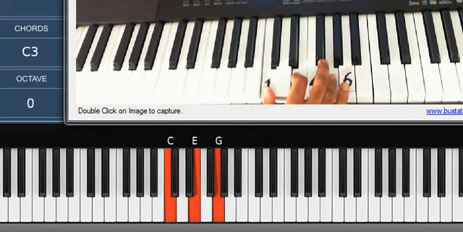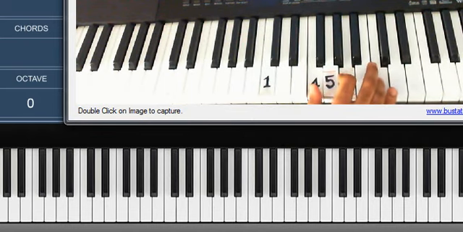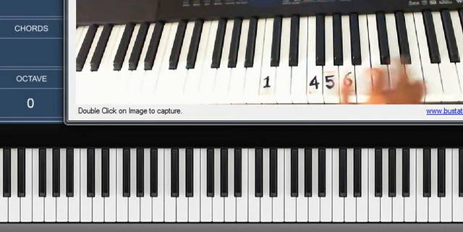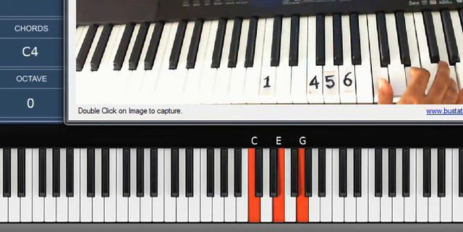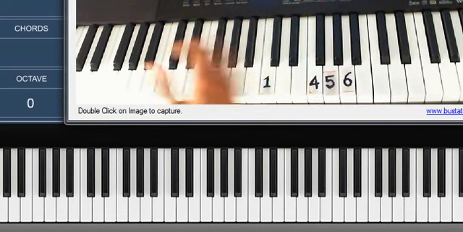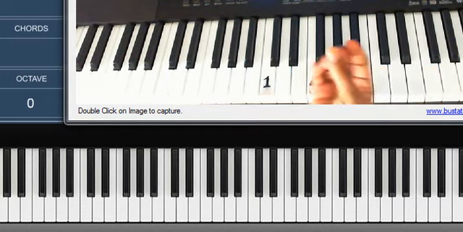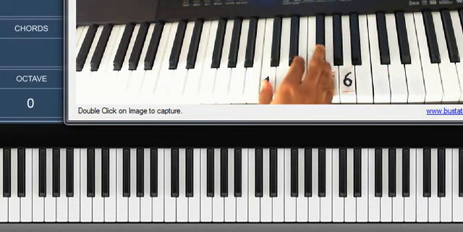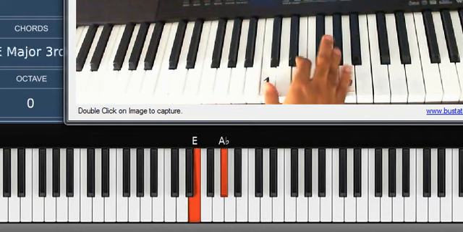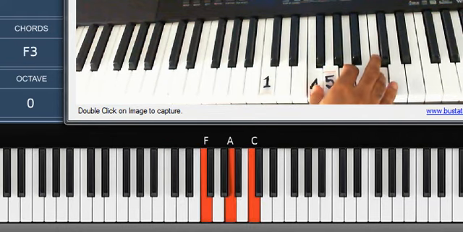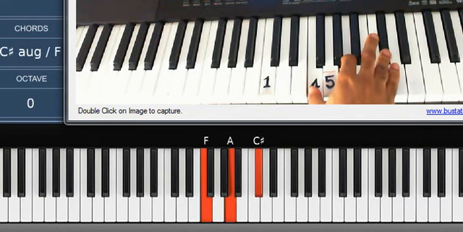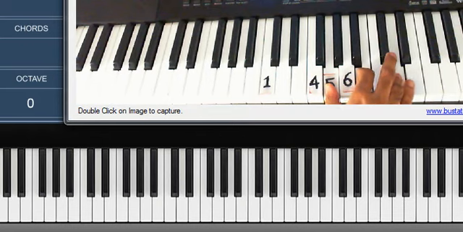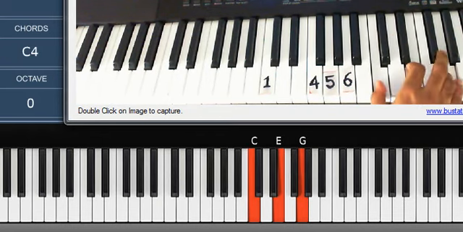I surrender all. But with my augmented passing chords, instead of hitting my chords 1 1, I hit 1 augmented, 4 augmented, 5 augmented, 5 1.